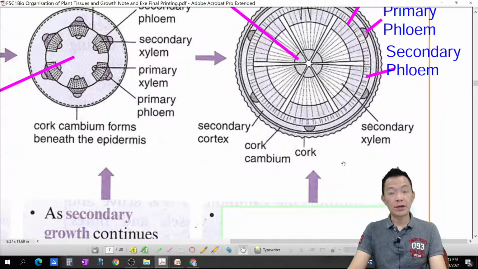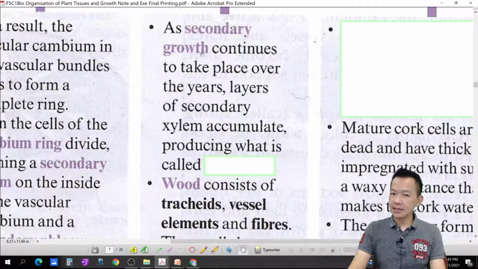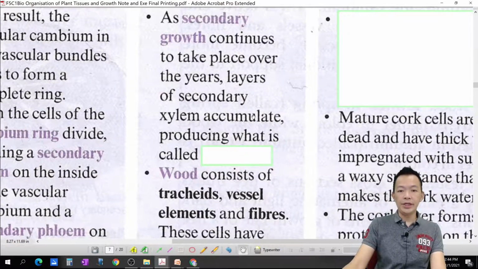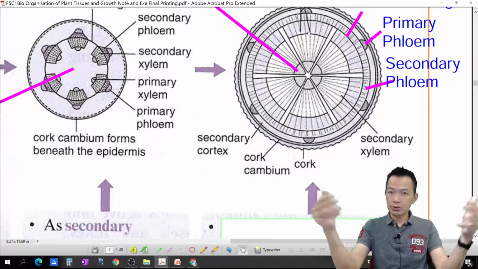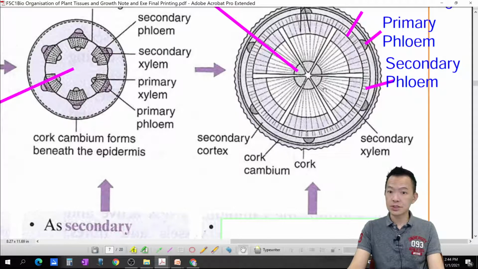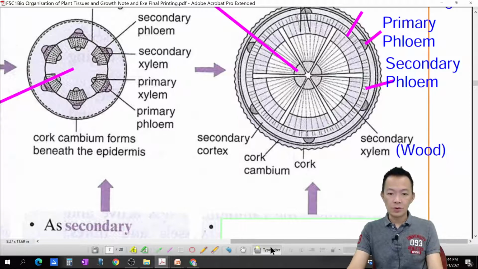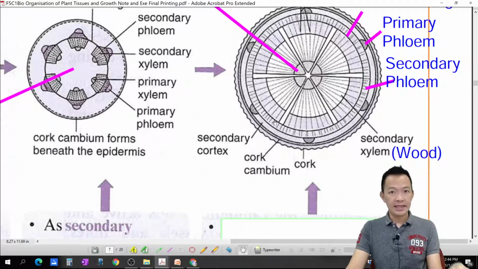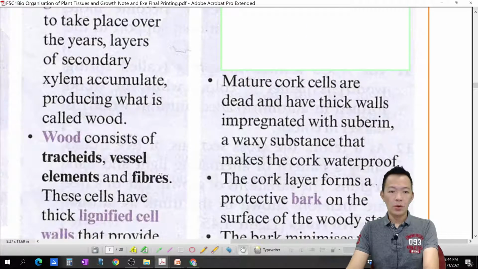So as secondary growth continues to take place over the years, layers of secondary xylem accumulate, producing what is called wood. 一年再一年呢，secondary xylem push inward, and finally they accumulate，它们收集起来 become wood，它就变成了我们所谓的 wood，就是木。So wood actually is what? 木是什么东西来的呢？Wood actually is made out of secondary xylem tissue 啦。它就是 secondary xylem tissue 形成的，明白吗？So we call it wood.